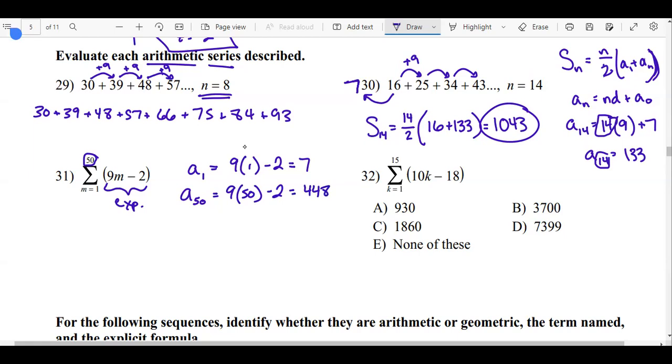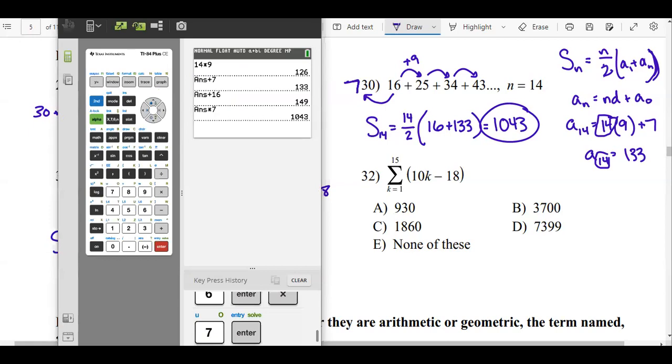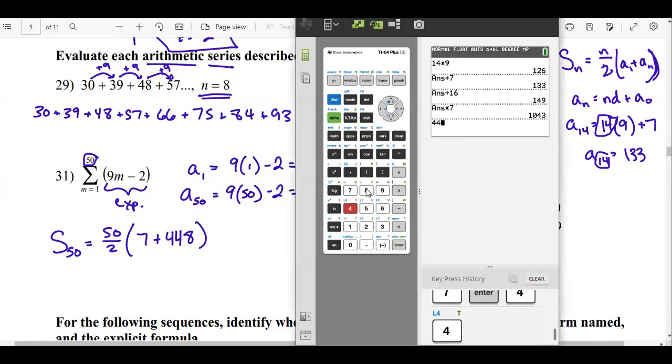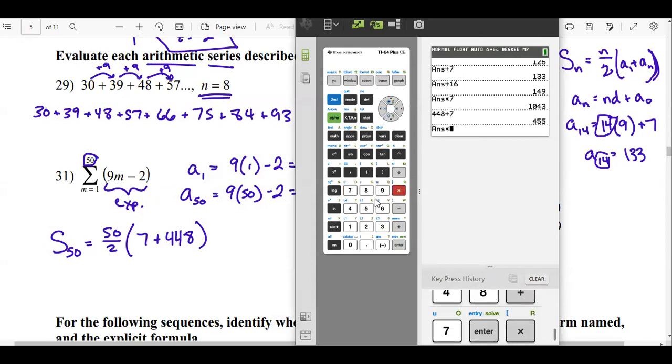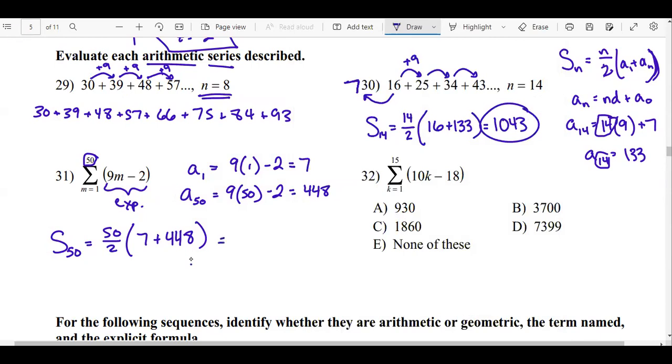So if I want to find the sum of the first 50 terms, all I have to do is 50 over 2 times 7 plus 448. That's 11,375.